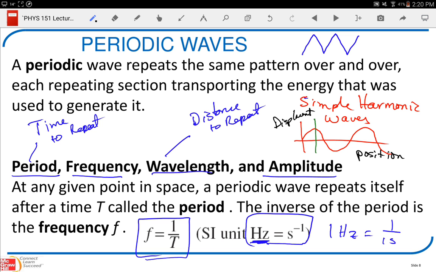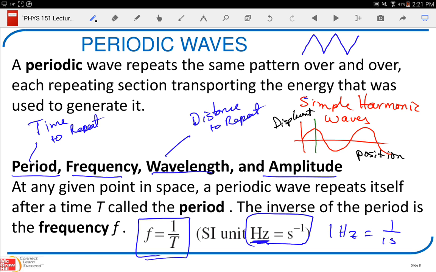Displacement means how far something has moved away from its equilibrium position. So for instance, if you have a string instrument, that string's equilibrium position is just a straight string, right? It's pulled tight enough, it should just be straight. If you look at a single piece of that string, when you pluck it, it's going to move up or down from that straight line.